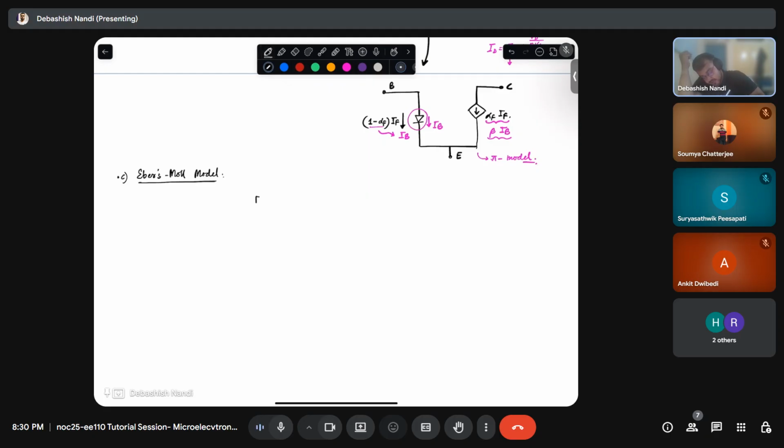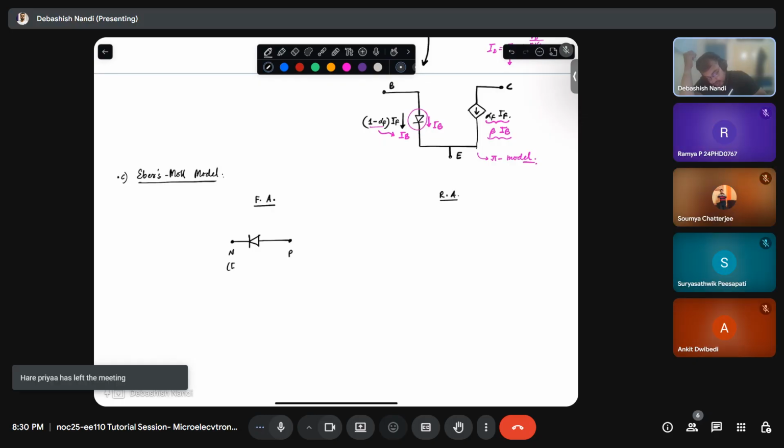Let's say you have your forward active and you have your reverse active, and your NPN transistor. So you will have something like this. This is your N, this is your P, emitter, base, and this is your N or collector. So if this is your IF, this will be your alpha F IF.